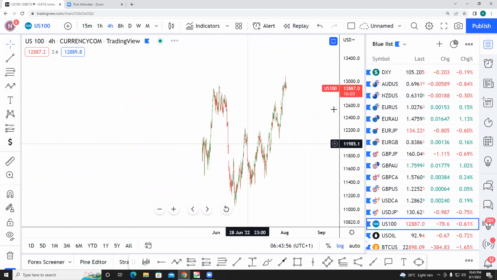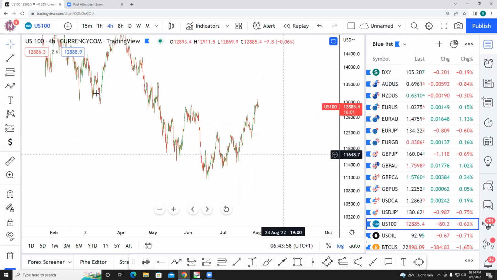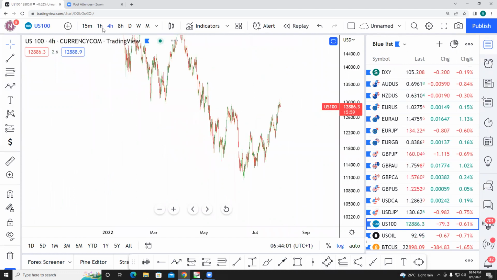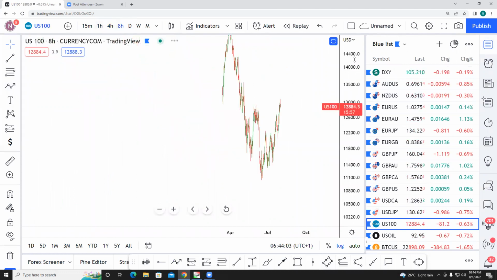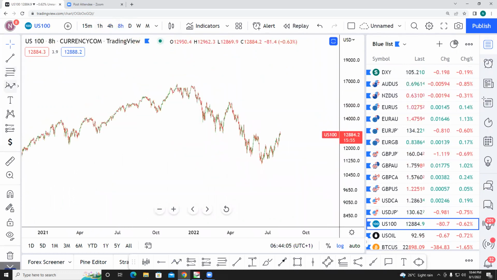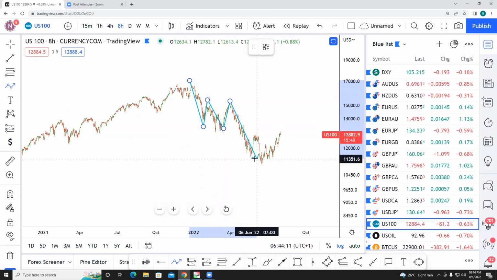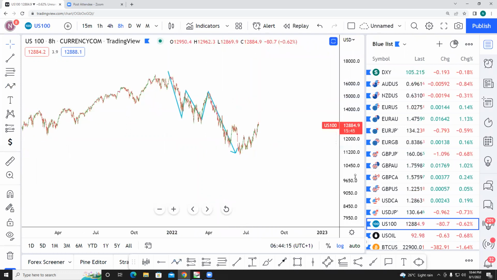US 100, this is a slow start. If you look at this structure, it looks to have made a three-wave structure. One corrective structure, 1, 2, 3, and then another one. This has made a structure, and its structure is complete.